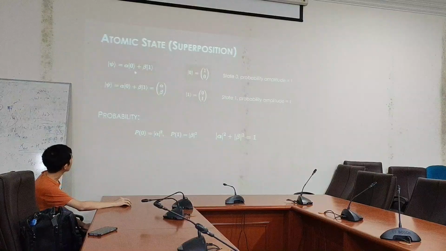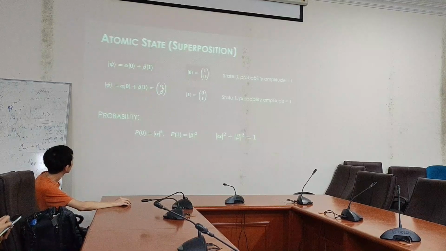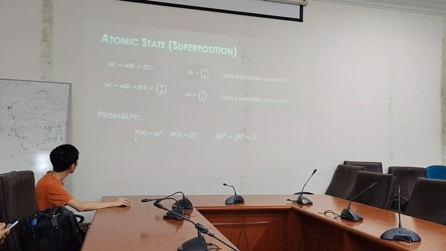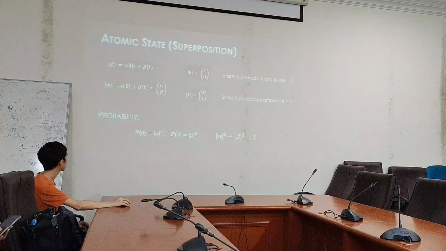And then we multiply this probability amplitude with the state. This gives the matrix alpha, beta, like this, where we multiply by alpha and then add up. Alpha squared is the probability of being in state 0.